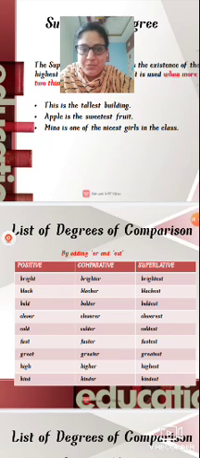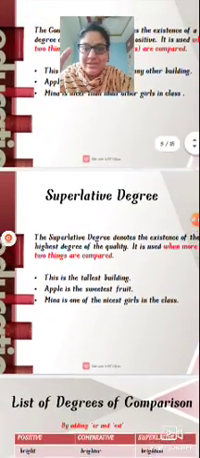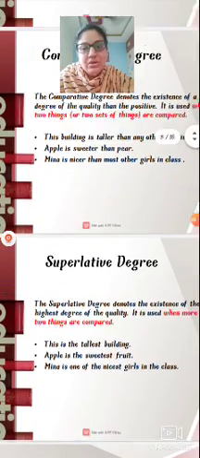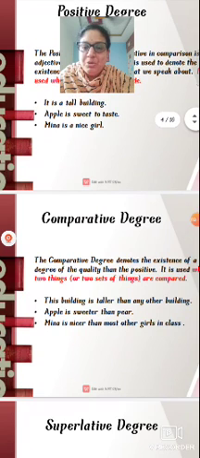Here we have added EST, but in the comparative degree it is nicer, a nicer girl, with ER. The positive degree is the simple way: Maina is a nice girl. So there is no need to add ER or EST.